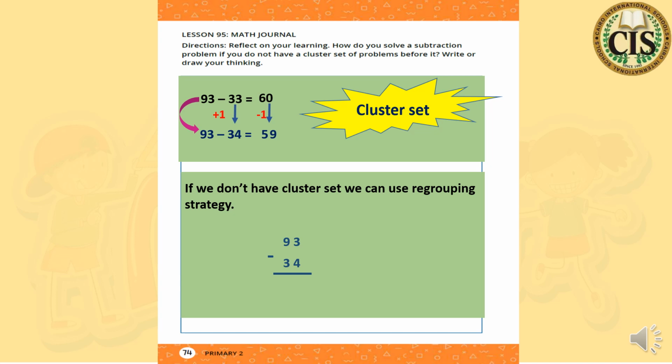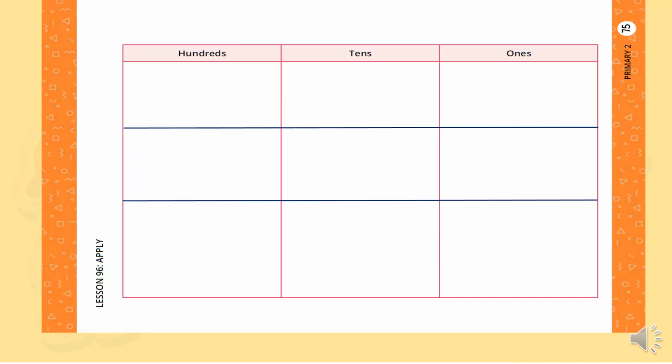We will go to the next number, 9, and knock, knock, knock. 9, can you please give me 1? 9 will say yes. Thank you, 9. So 3 will be 13 and 9 will be 8. Now 13 minus 4 equals 9. 8 minus 3 equals 5. Now we can solve subtraction problems using the cluster set or regrouping strategy.